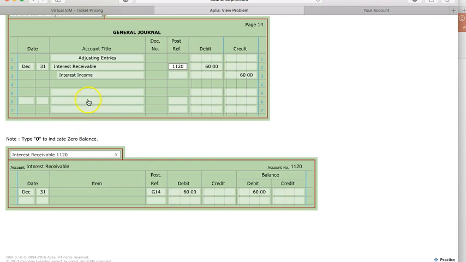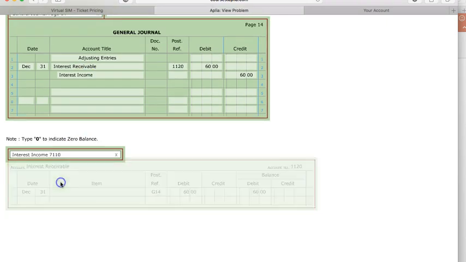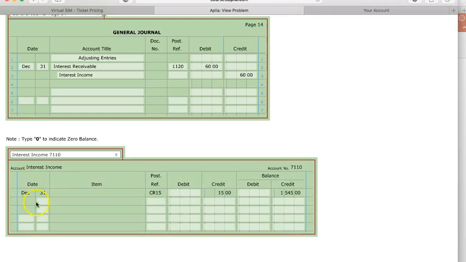All right, so now we're going to go post interest income. So let's find that account. It's the 31st, getting that from the General Journal 14. And this is a credit of $60.